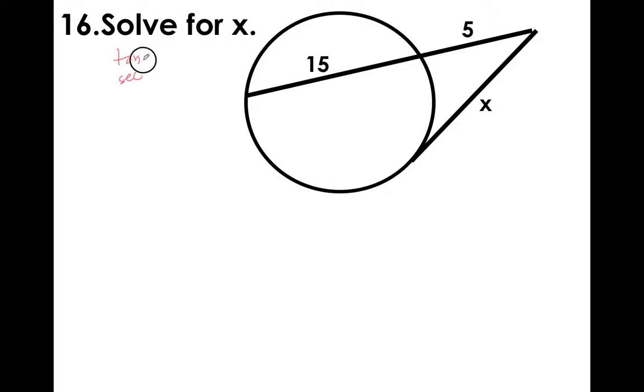So since we have a tangent line and a secant line, that means that I can use the rule tangent squared is equal to outside times the whole. Well, we know that this represents my tangent, this represents my outside, and this right here represents my whole.